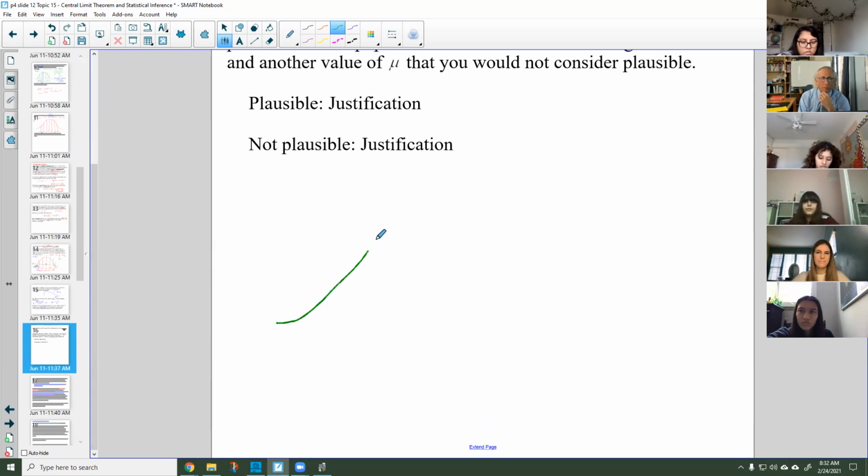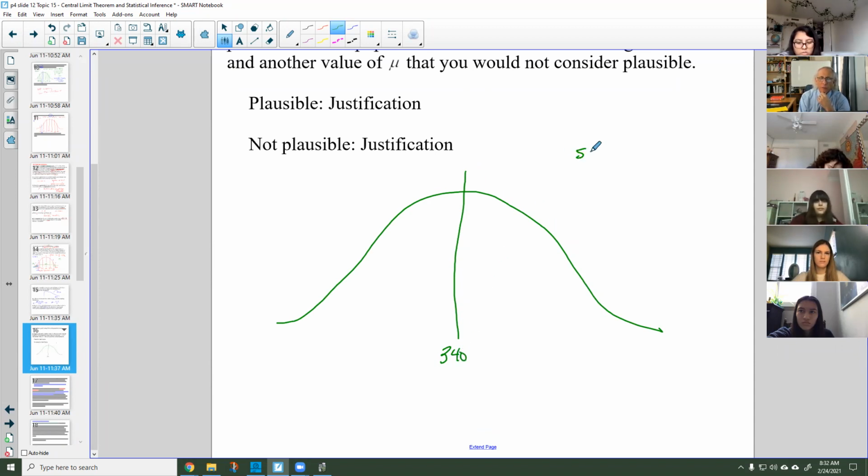So here is my normal model. Here in the middle it's now 340 instead of 350. My standard deviation is 2.94.